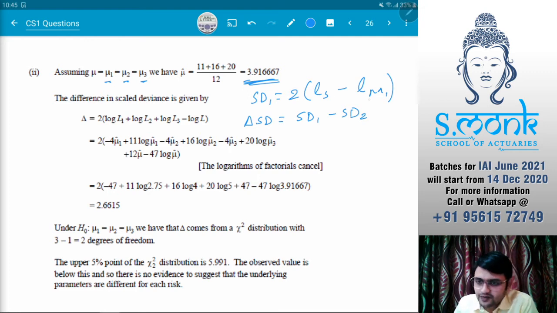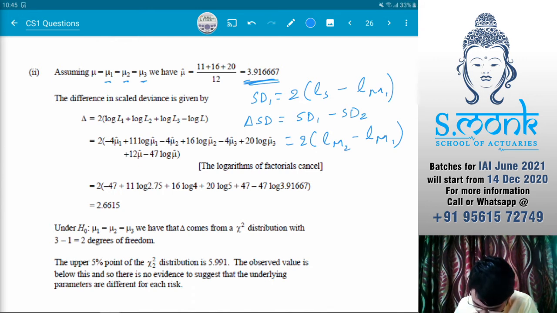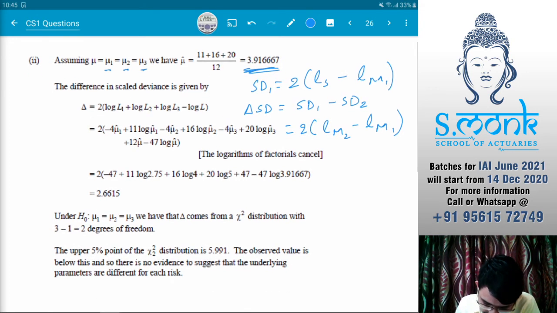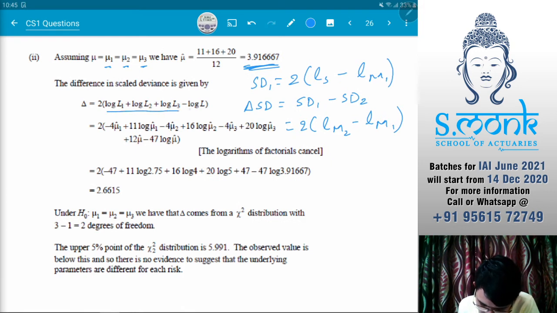They are representations of the same model, so their saturated model and its log likelihood will be the same and cancel out, and you will get 2 times the likelihood of model 2 minus the likelihood of model 1. That is what they have done: model 2 minus model 1.